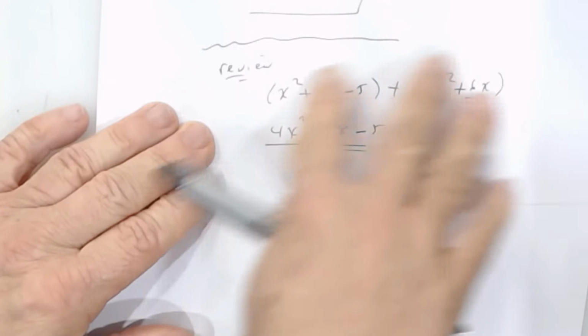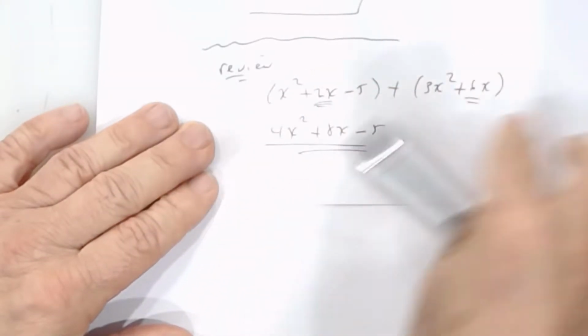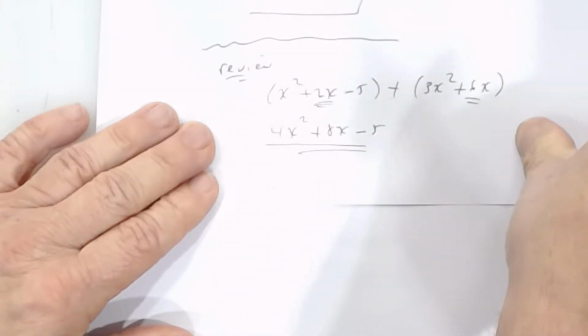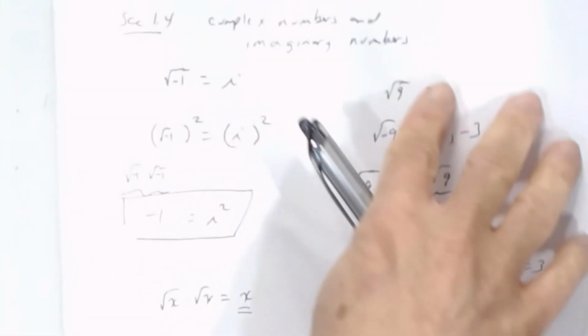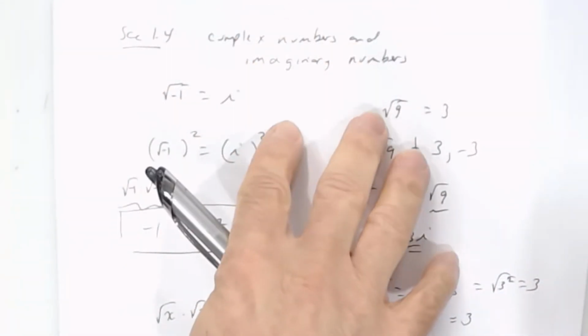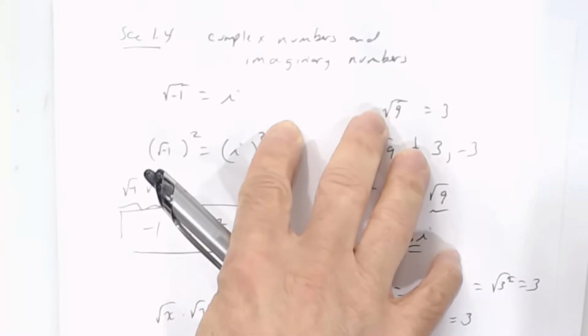So adding and subtracting polynomials works the same way as what we're about to do with complex numbers. You're going to combine like terms.